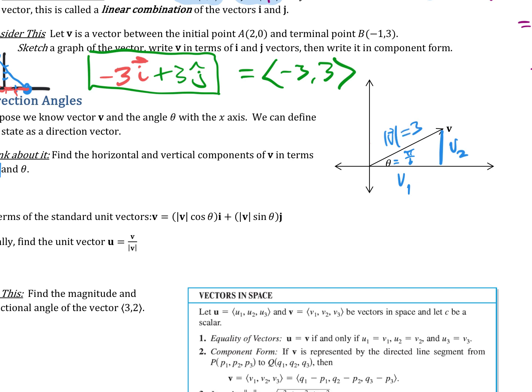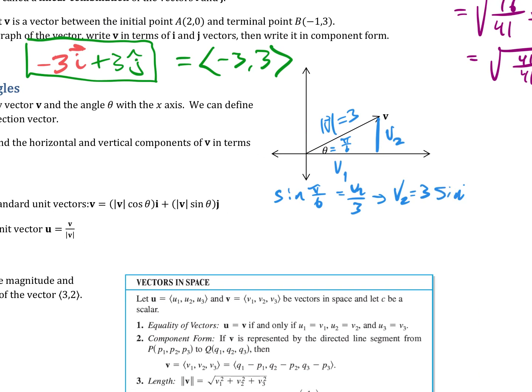Well, if we know this and we know this, we could use sine, right? So we know the sine of pi over 6 equals V2 over 3. If we multiply both sides by 3, we get V2 is 3 times sine pi over 6. And we know the sine of pi over 6 is 1/2, so this would be 3/2. And we could do the same thing for V1.